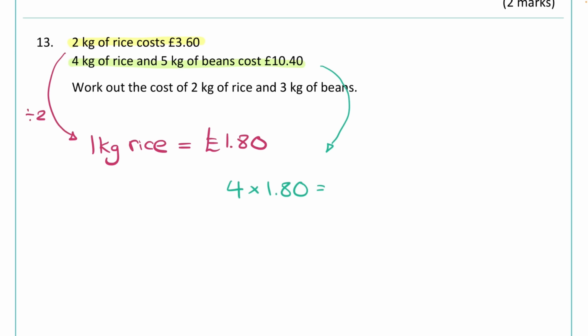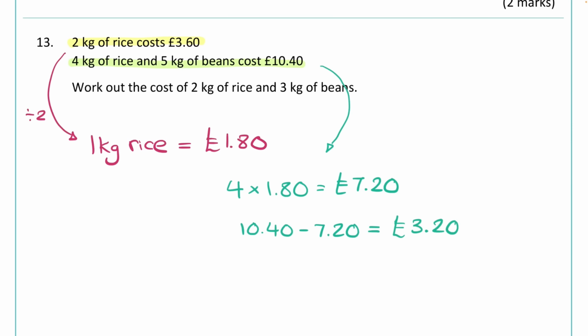So 4 times £1.80 is equal to £7.20, and the remaining cost there is for the 5 kilograms of beans. So if I do £10.40, the total cost, subtract the cost of the rice, £7.20, that's going to leave me with the cost of those beans, £10.40, take away £7.20, gives me £3.20 left over.